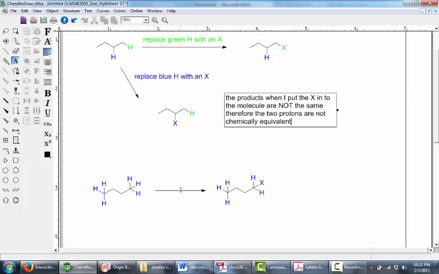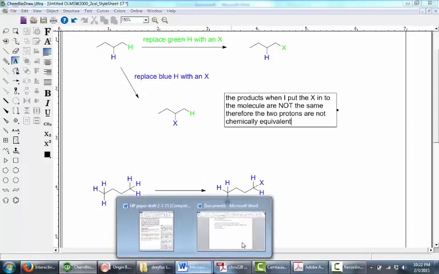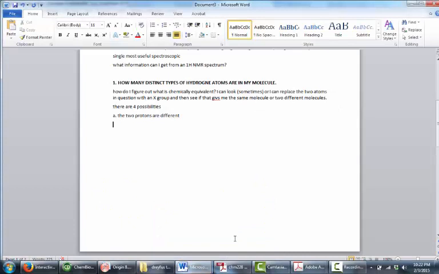That means these H's are all chemically equivalent. We call those protons homotopic. So if the two protons are chemically equivalent, they are called homotopic, and they give me only one signal in the NMR spectrum.